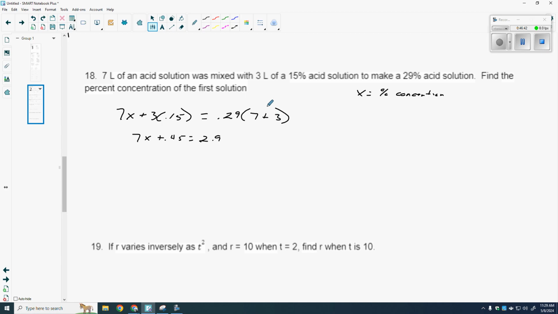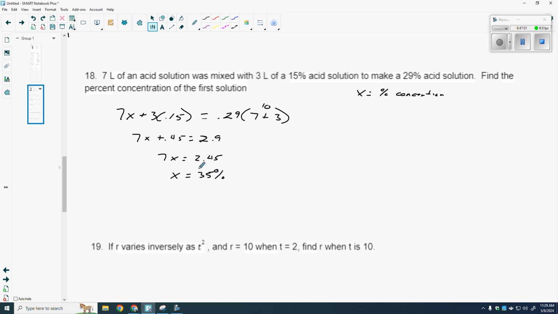I don't need to distribute that. I can just add that together, make that a little easier. Subtract 0.45, so 7x equals 2.45. Divide by 7, and x comes out to be 35%.